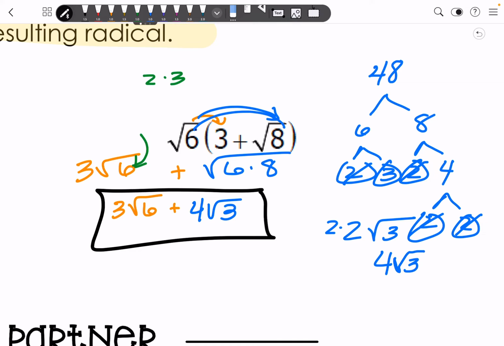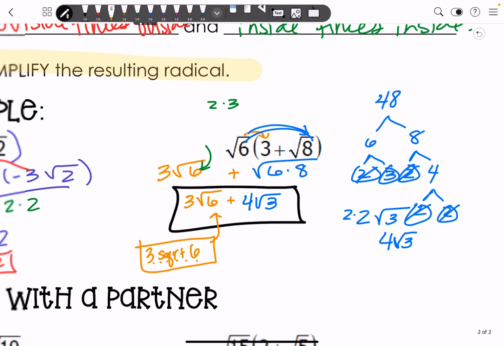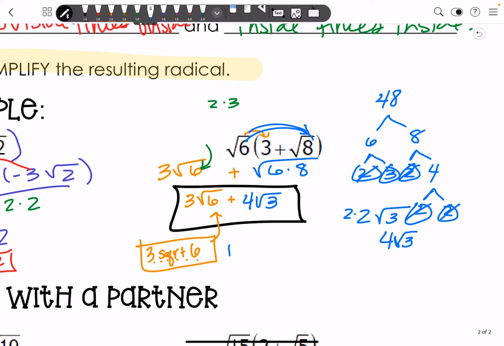If you are not on Go Formative, say you're ever on Canvas, for 3 square root of 6, the way that I would type that out would be 3 square root 6. No spaces. 3 square root 6. And this whole thing would be how you would type that out. Obviously, you would have this as well for our answer, but that's okay.